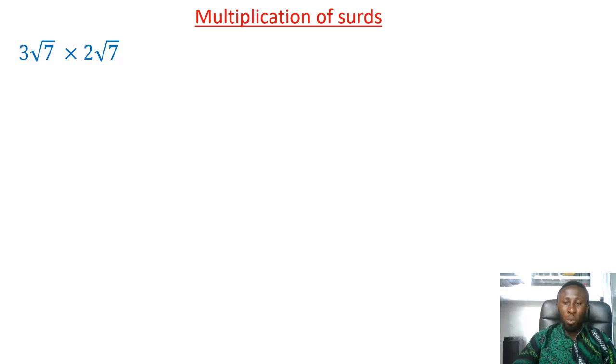Then a root b times c root d: we multiply the ones outside and the ones inside the surd separately. So our final answer will be a times c, root b times d. These are the rules under multiplication. Please know the rules.